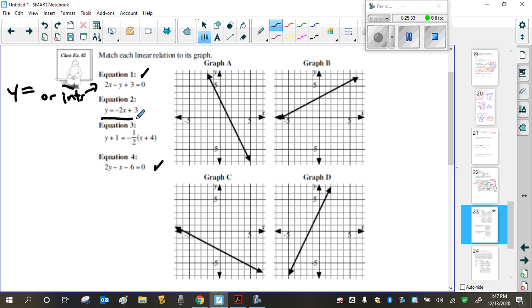I don't need to do anything. I have the y-intercept and the slope, and same thing with this one. I have a point and a slope. Okay, so let's do these one at a time and see what graph it matches up with. Okay, so the first one I'm going to do is I'm going to solve for y on this one.